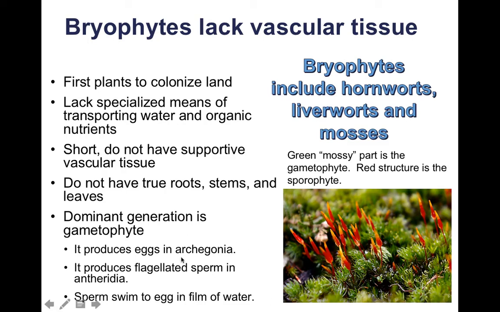The fact that the sperm is flagellated is important because it means the sperm have to actually swim to the egg in a film of water. So water is still required, a moist environment is required for moss and bryophyte reproduction. Again, the green part here is the gametophyte. This part here is the sporophyte.